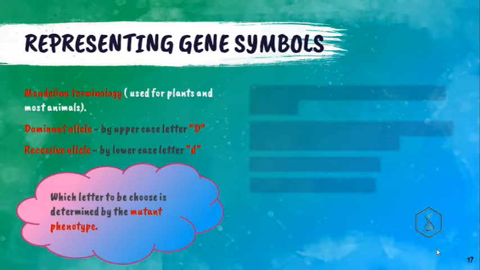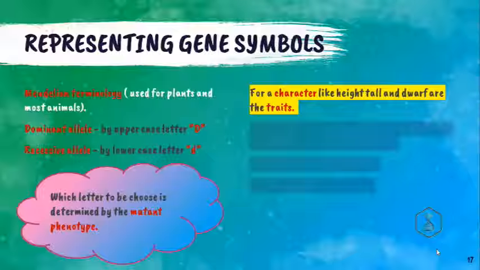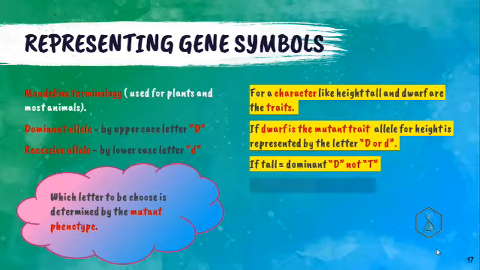Which letter to be chosen is determined by the mutant phenotype. For example, tall and dwarf are the two traits of a character plant height. If dwarf is considered to be the mutant phenotype, the gene symbol taken for representing the respective traits is denoted by the letter capital D or small letter d.